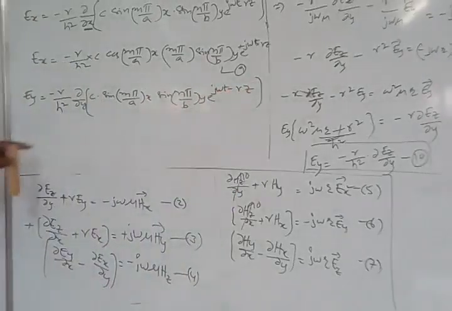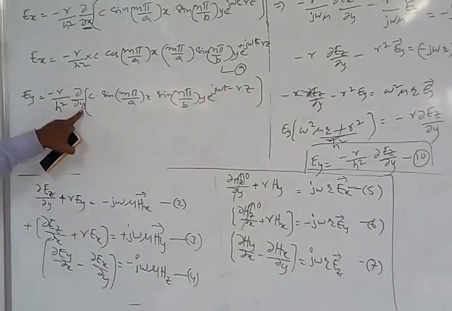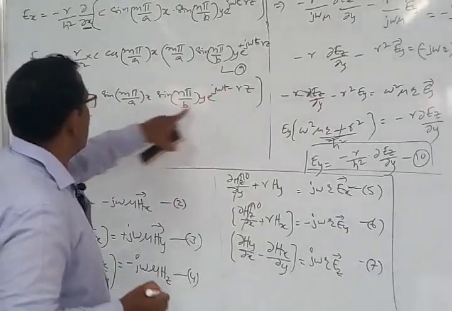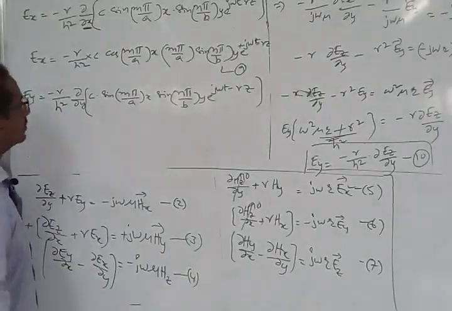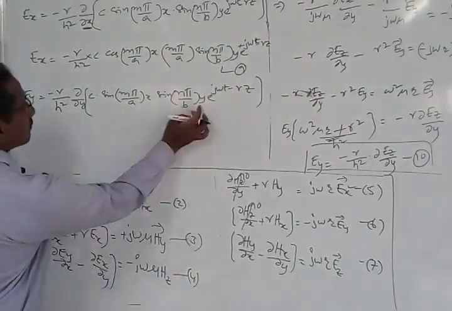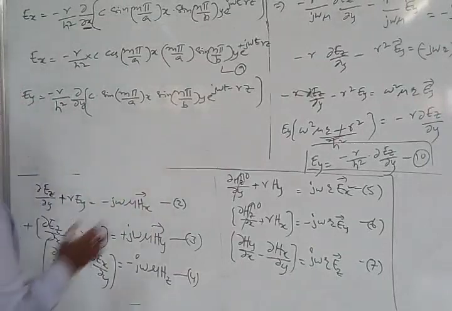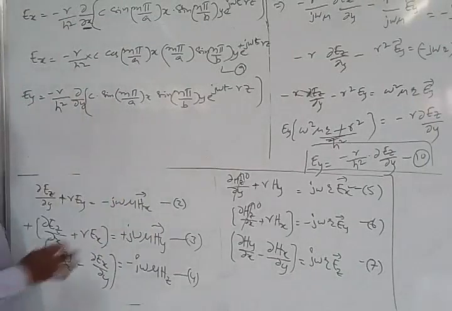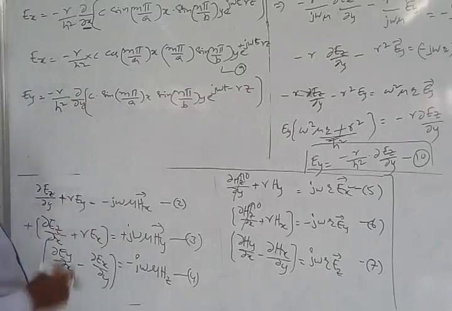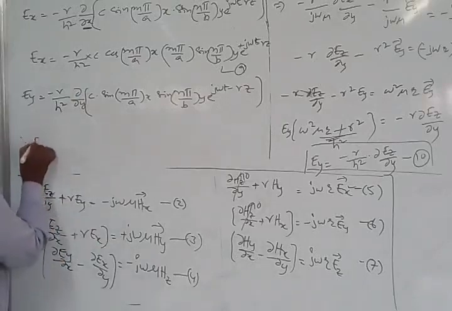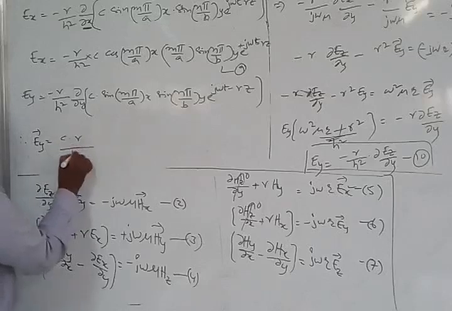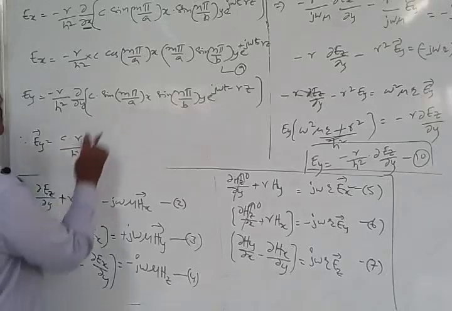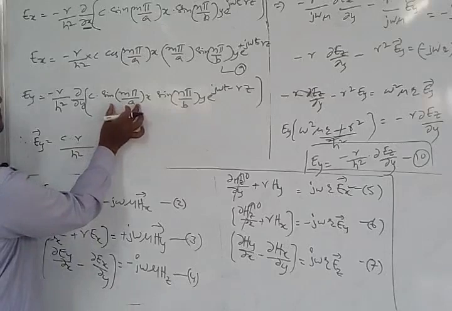Right. Now here we have a partial differentiation with respect to y. So since we have y over here, differentiation of sin is cos. So cos for this y coordinate is going to get affected here. Rest of the things are going to be constant because we are dealing with a partial differential equation. Therefore finally we will write Ey is equal to C gamma by h square. Now this factor remains as it is because it is x factor.